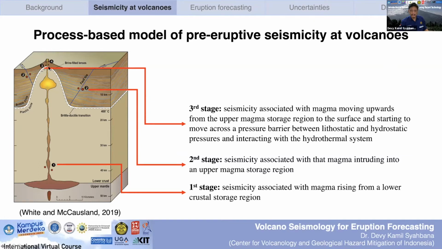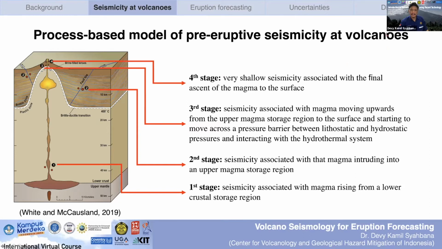It is this. So when it breaks this, it will interact with the hydrothermal system, if you have a hydrothermal system at the volcano, and then it will give you another signature of seismicity. And the fourth step is the last step.